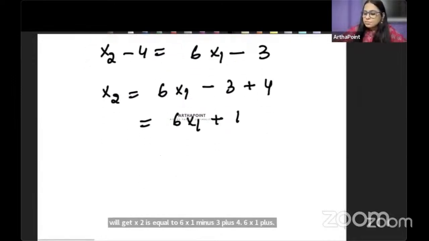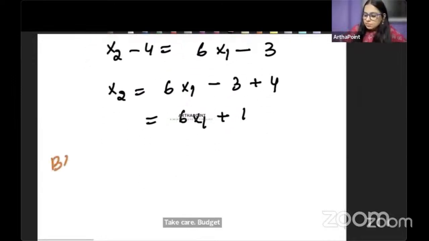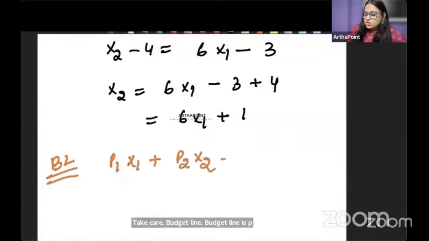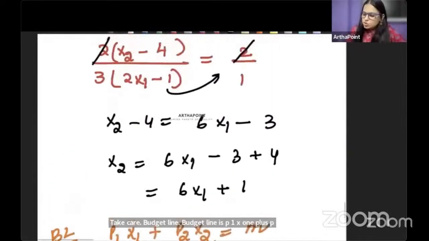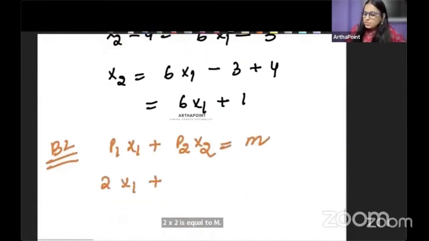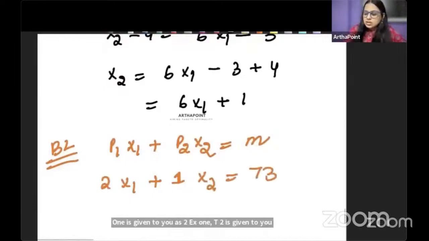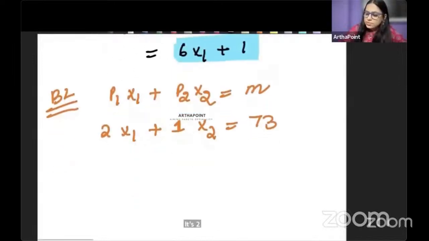Okay. What is the budget line, beta? The budget line is P1 x1 plus P2 x2 is equal to M. P1 is given as 2, P2 is given as 1, and income is 73. In place of x2, I will plug in this value 6x1 plus 1.